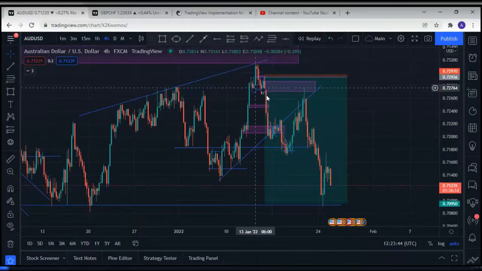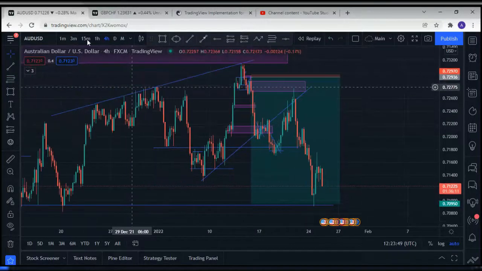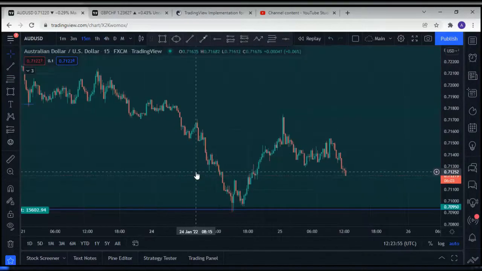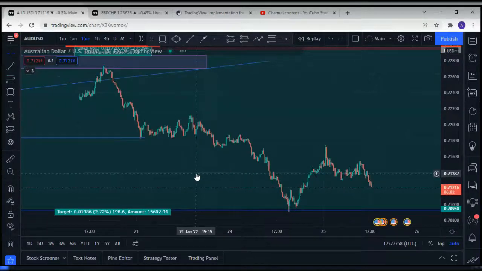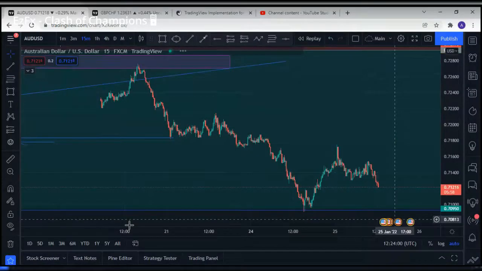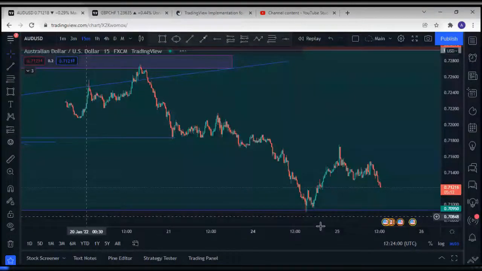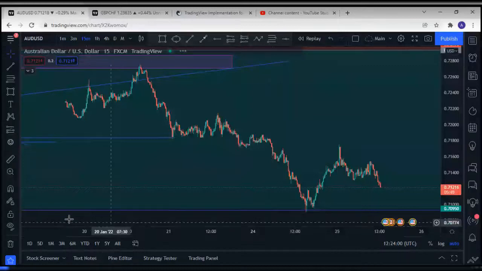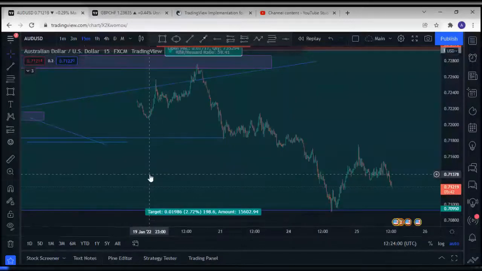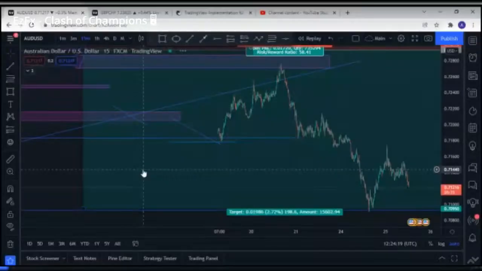So what I did was simply go down to the lower time frame, I think the 15 minute time frame, and try to get into the trade, since I had a confirmation on the higher time frame that price was getting rejected from that order block. That gave me the confidence I needed to accept the bias as a bearish bias.